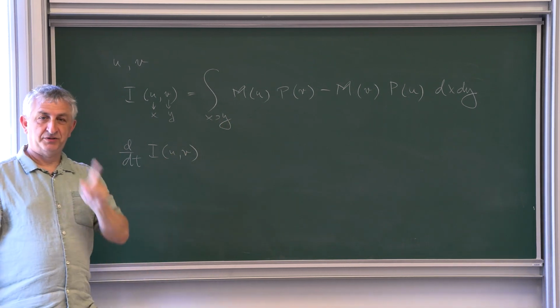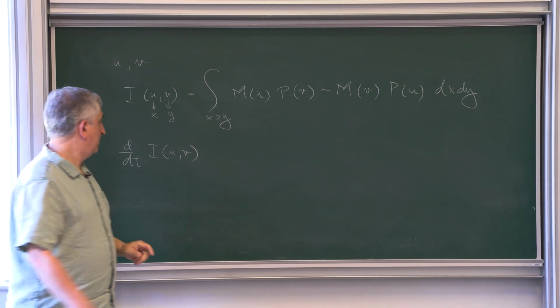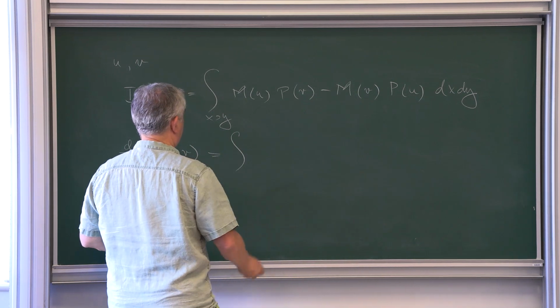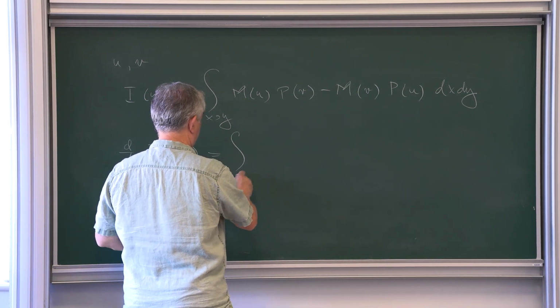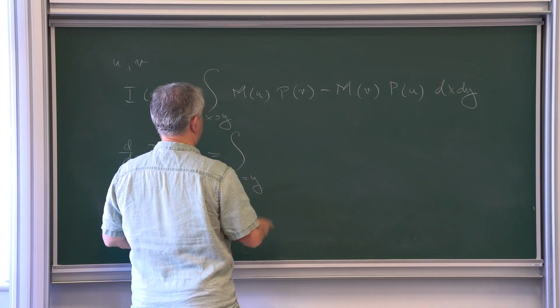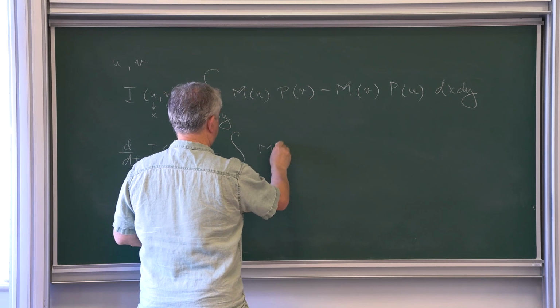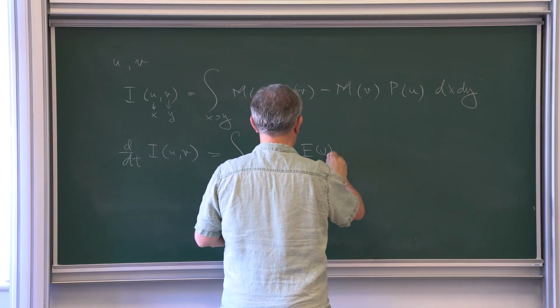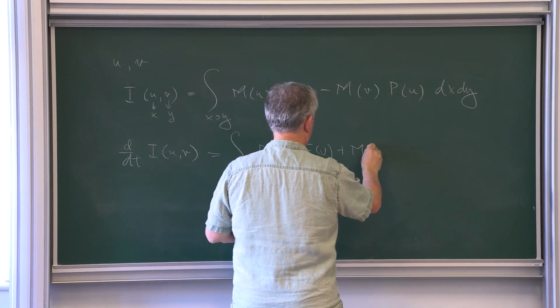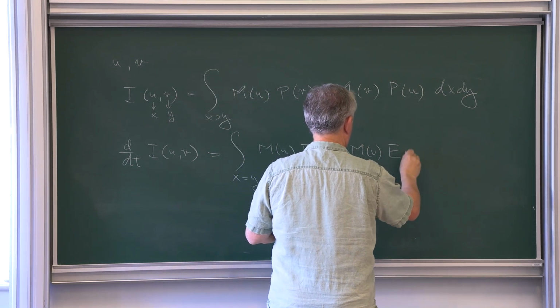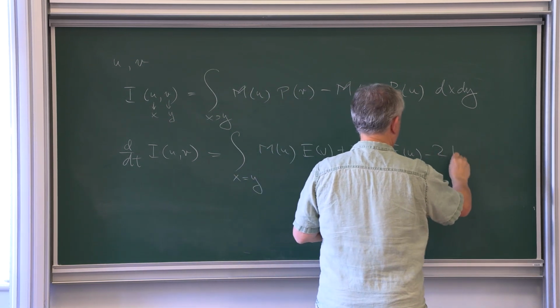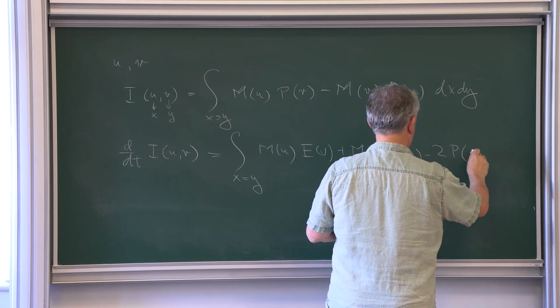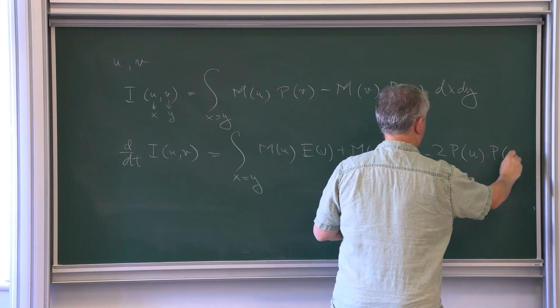So when you integrate by parts, you're left with just one variable. So you get the integral, and now if you want x is equal to y, m of u, from p we get an e of v, plus m of v, e of u, minus 2p of u, p of v.